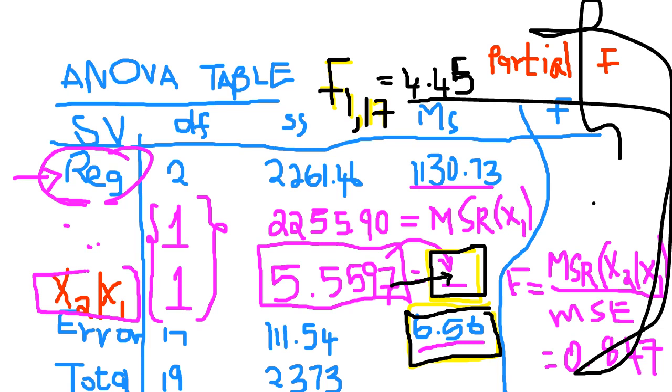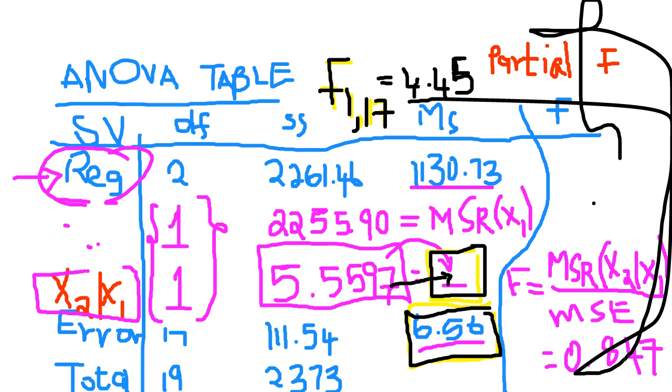The other information remains the same, except this part here. So now we want to test for X1, given that X2 is already in the model. After that, we should come up with our final model based on our findings.